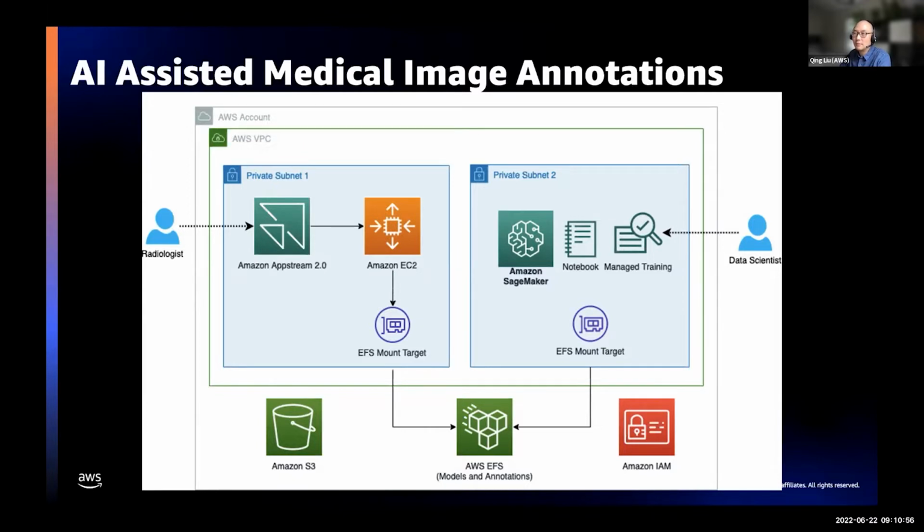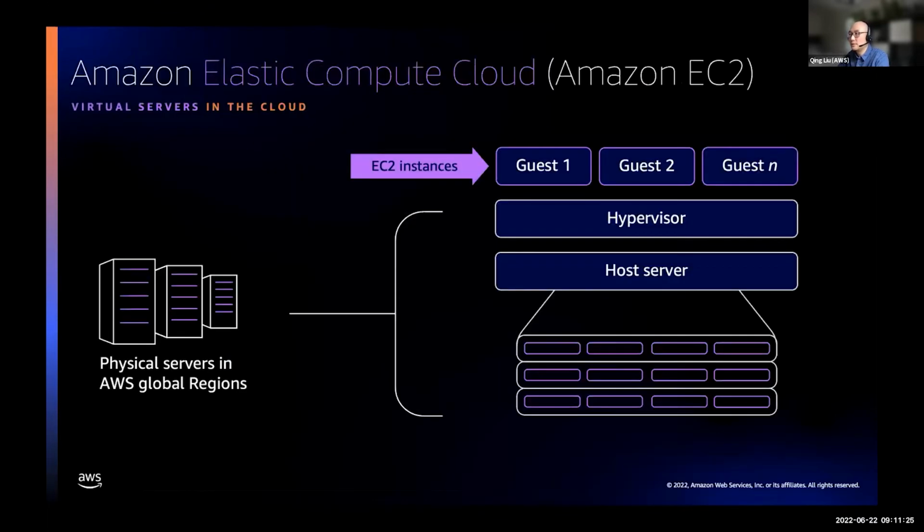So there are a lot of AWS terminologies shown on this diagram. So what I'm going to do next is to go through some of the core components of this architecture, so we are familiar with what technologies are being used here. First, let's focus on the MONAI Label server. The server is deployed in an Amazon EC2 instance. So what is an EC2 instance, right?